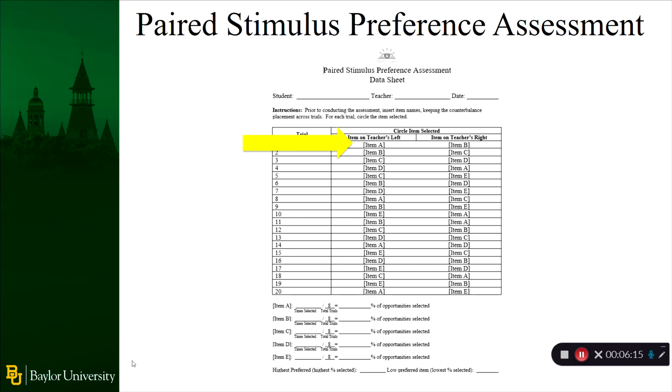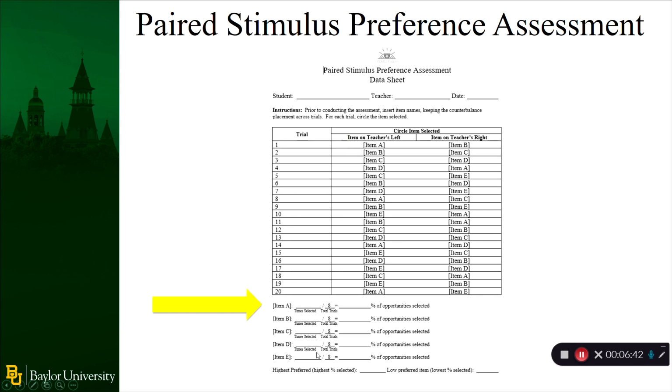So you'll notice in trial 1, item A is presented with item B, with A on the left and B on the right. And if you go further down, you'll see that same presentation, but with B on your left and A on your right. So it's counterbalanced. It's actually on trial 11. So every presentation is counterbalanced so that the items are flip-flopped once.